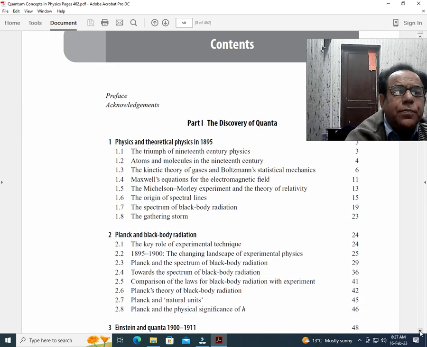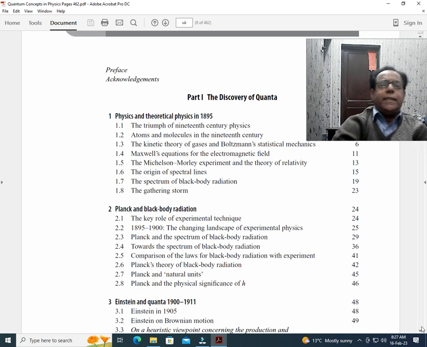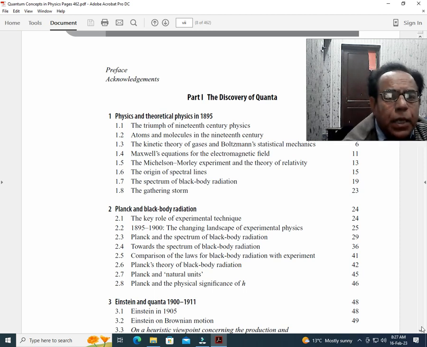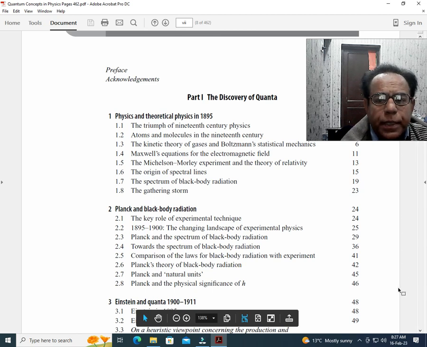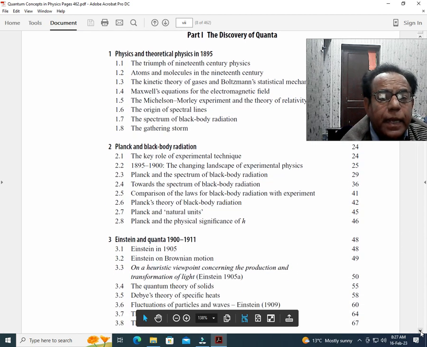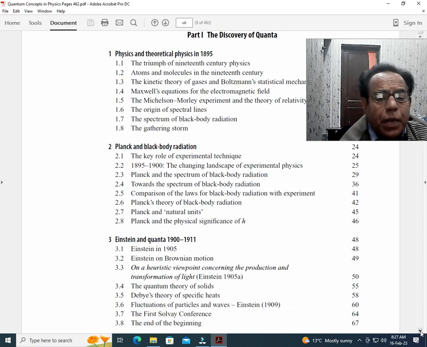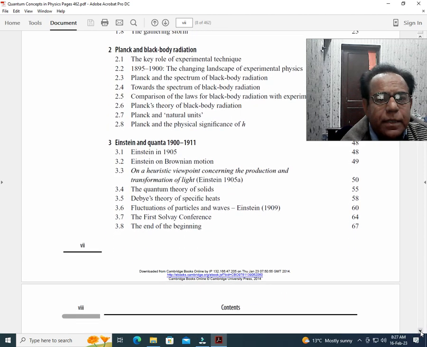Chapter number 1, Physics and Theoretical Physics in 1895. Planck and black body radiation, Einstein and quanta, from 1900 to 1911. Okay, 11 years of the story.